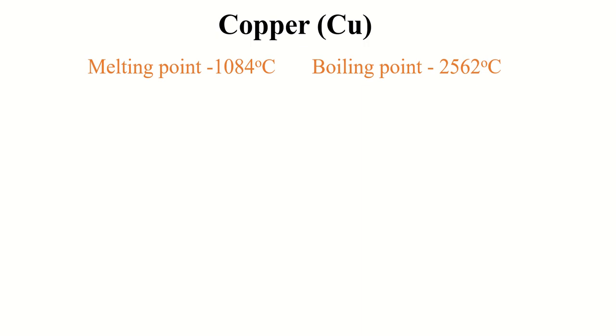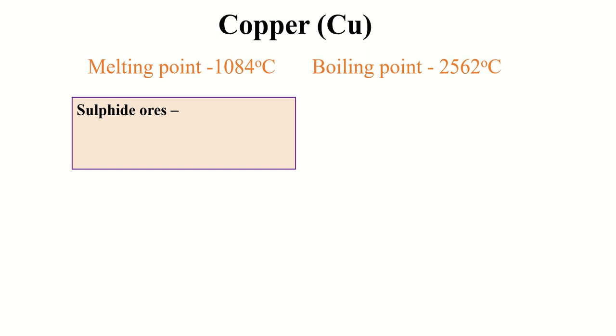Copper is the first metal which was used in ancient times. Copper has a melting point of 1084 degrees centigrade, and boiling point is 2562 degrees centigrade.